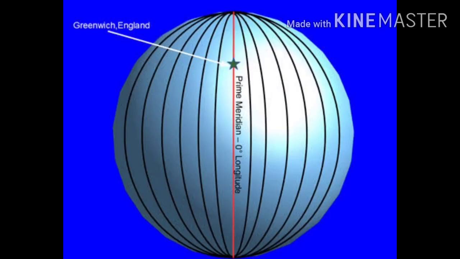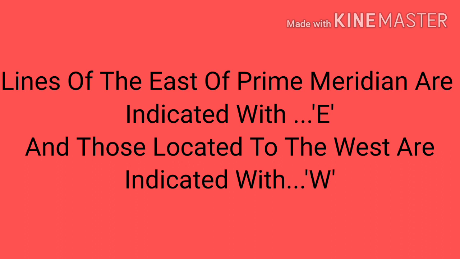The prime meridian is the 0 degree meridian. Lines of longitude located to the east of the prime meridian are indicated with E, and those located to the west are indicated with W.